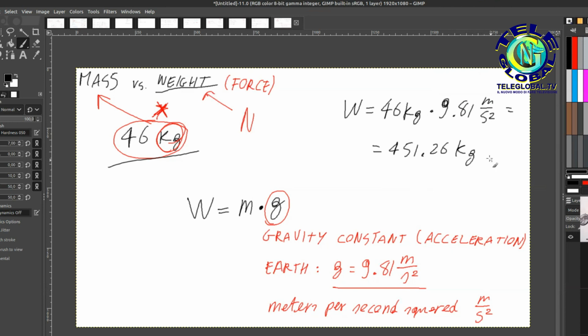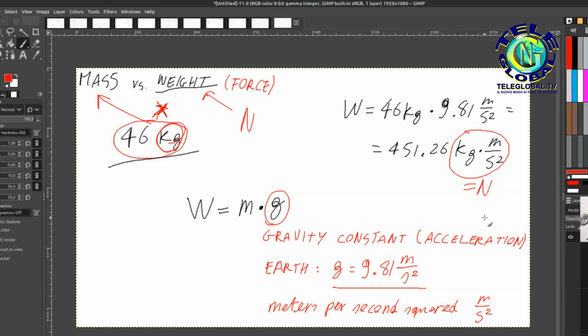Too much. Yeah. Bene. And by definition, this thing is a Newton.